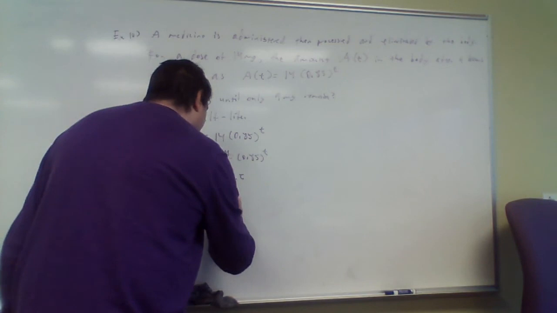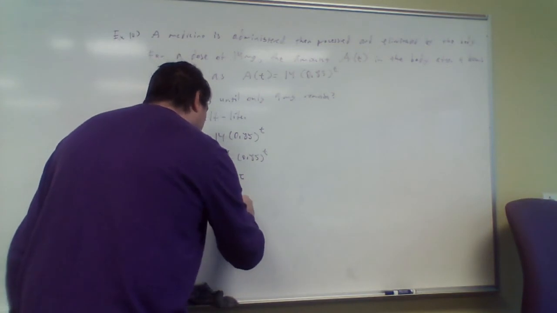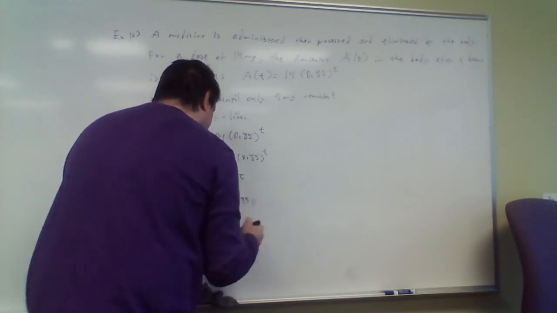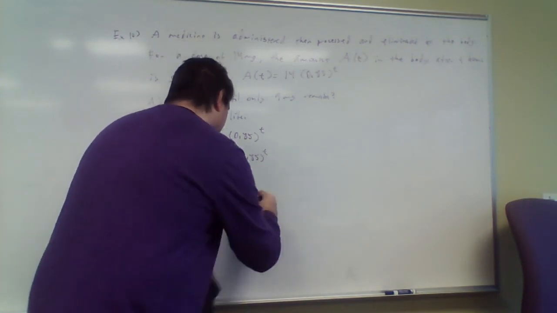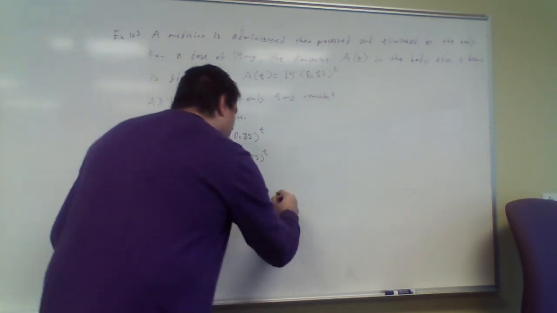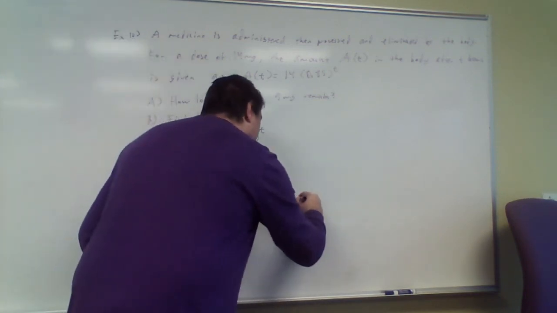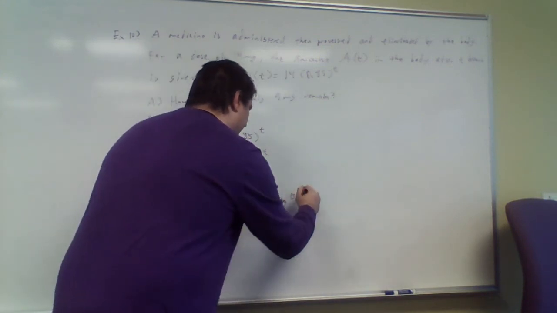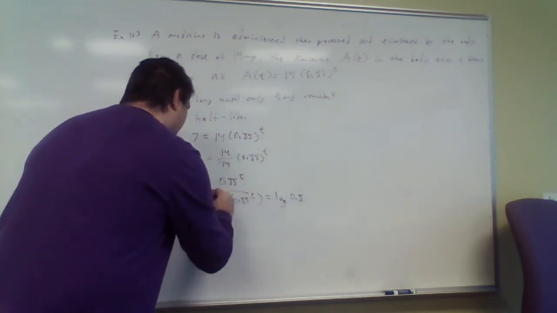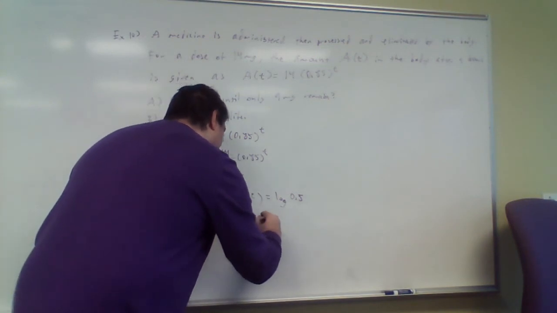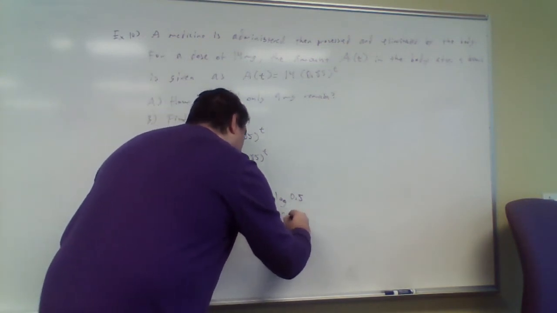We're simply going to take the common logarithm and we're going to do that to this side. We're also going to do it to the 0.5. The t will go to the front, so I will have t log of 0.85 equals log of 0.5.